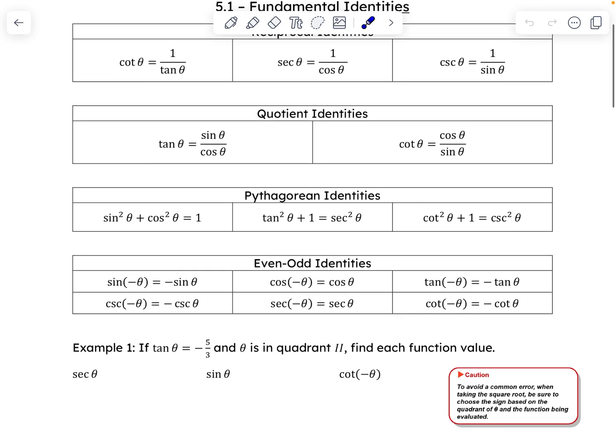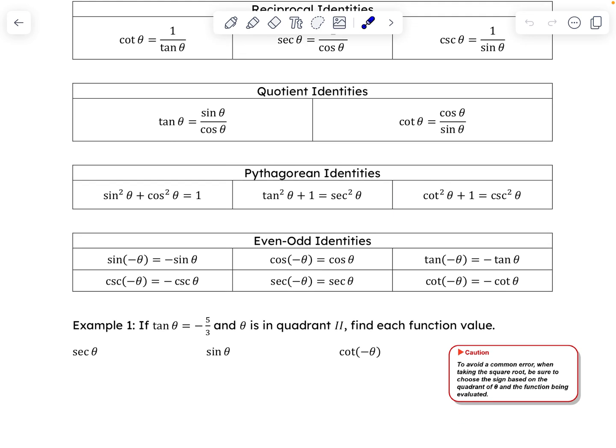And then we have our even and odd identities. So some of our functions are even functions, some of them are odd functions, and whether or not they are even or odd tells us what happens when we plug in negative theta into our function. So sine, cosecant, tangent, and cotangent, when you plug in a negative theta, you get the negative version of that function.